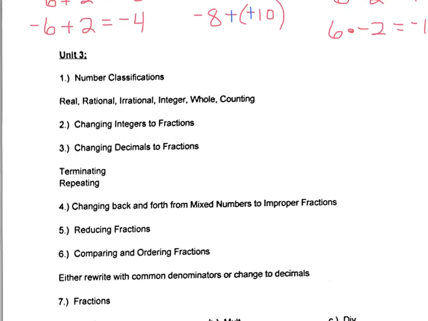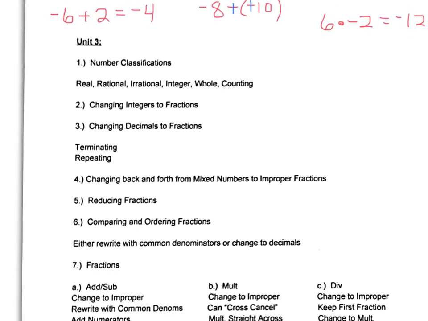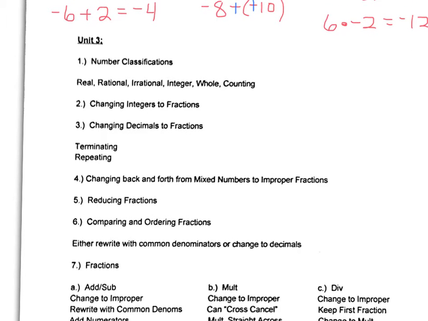All right, then we got into Unit 3. Unit 3 was also a big unit. We started with number classifications. Remember this? Real. All numbers are real, and then they're either rational or irrational.